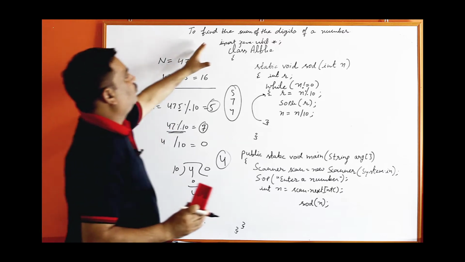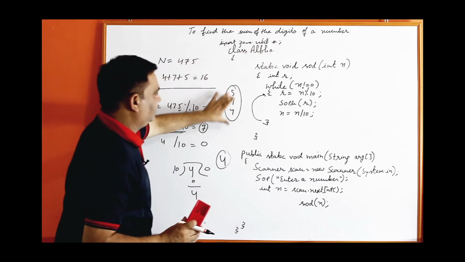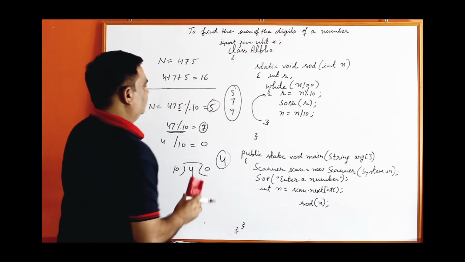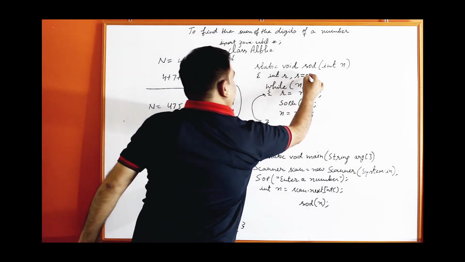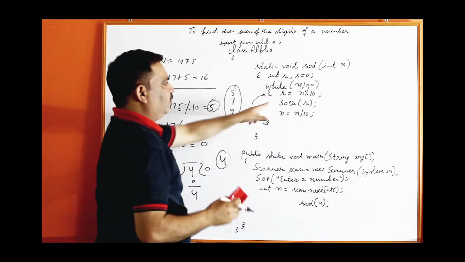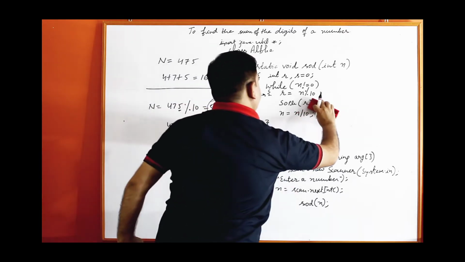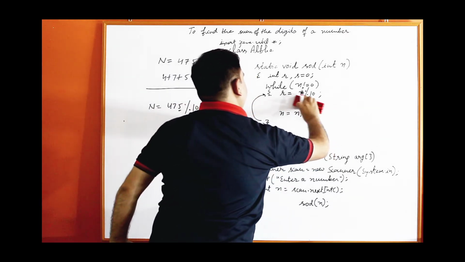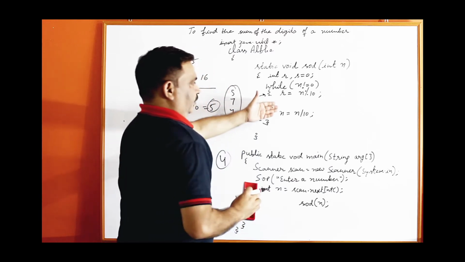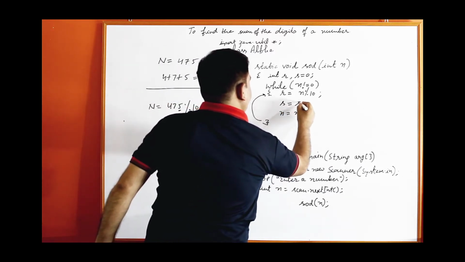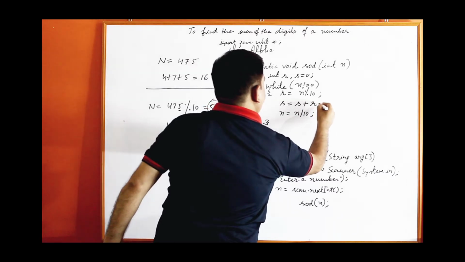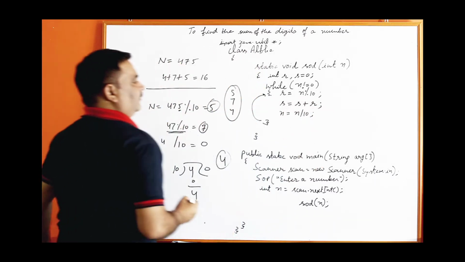But our question is to find the sum of these digits. These digits we have to add. So, what I am going to do, take one variable s equal to 0. If you don't want to print the digits, remove this statement, or instead of this statement you can write s equal to s plus r.